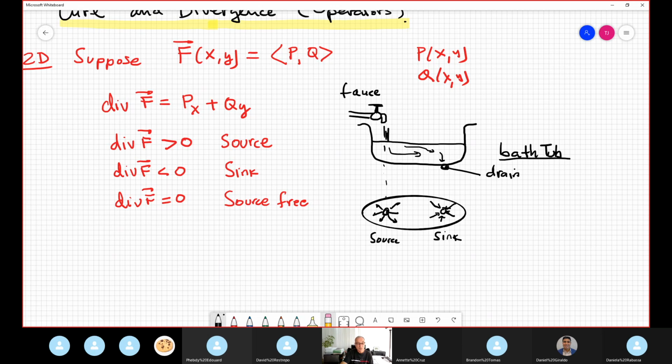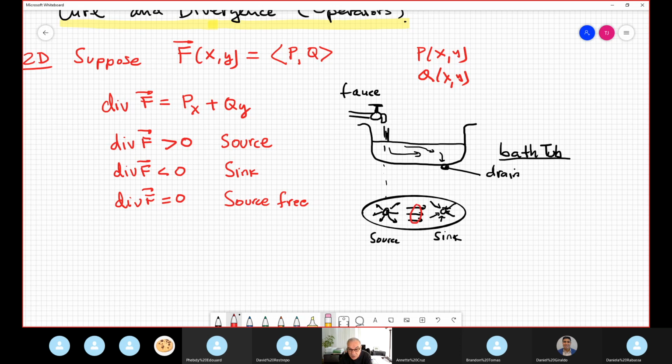Okay, this is the idea for the divergence. This was a funny example to illustrate a source. For example, here in the middle, this is water flowing in that direction. So you are looking at a local property here.